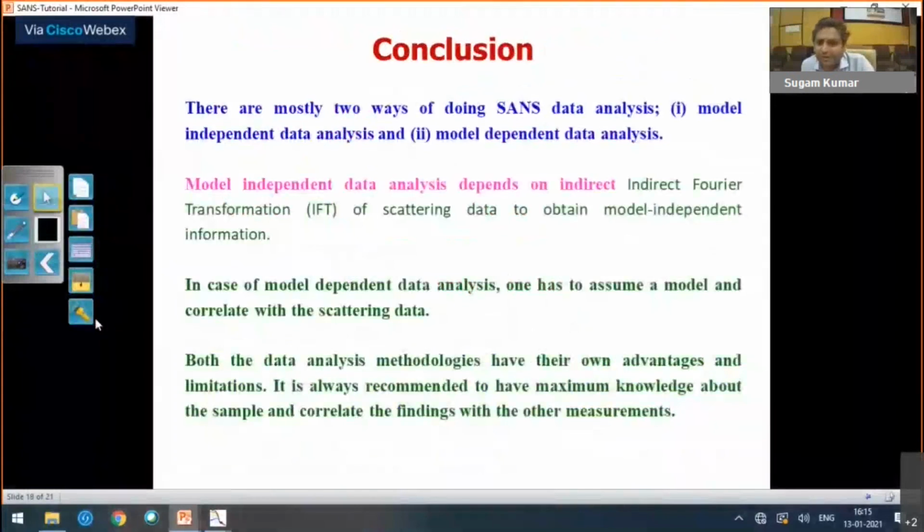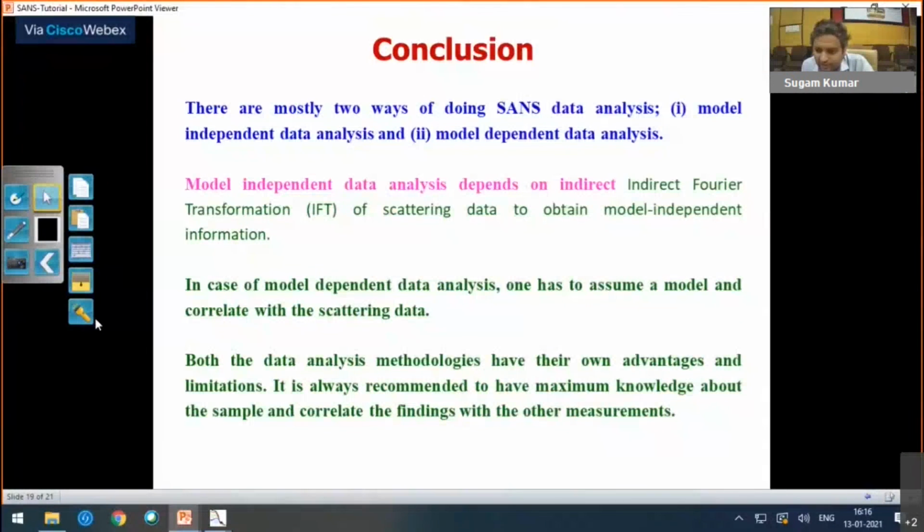To conclude, what I tried to show is that there are model independent and model dependent data analysis. Majorly, this presentation was about model dependent data analysis because model independent data analysis has lots of limitations. I would say, try to analyze the data and always have maximum possible information beforehand, either from the literature or at least the density, molecular formula.